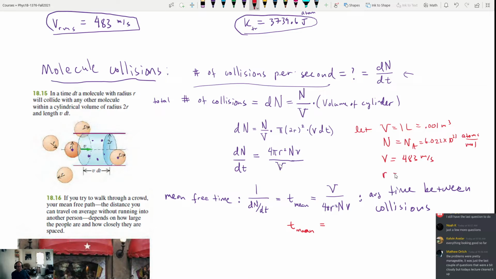We're going to use r equal to 10 times 10 to the negative 10 meters for r. I think this is a good radius for a molecule. It probably needs to be bigger, honestly. But let's use that number and let's see what we get.